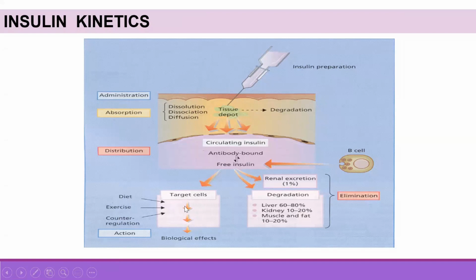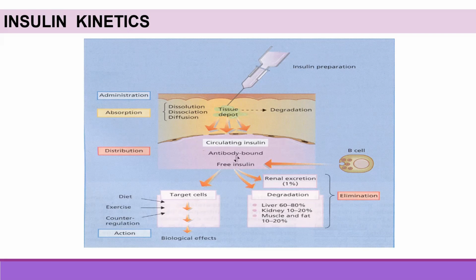So the biological action of the insulin after the injection is a little bit delayed because it has to go through the process of absorption from the subcutaneous tissue into the circulation, and then it acts on the target cell. When we inject regular insulin or normal insulin, it takes roughly around 20 to 40 minutes to act. And that is why the regular insulin is injected 20 to 30 minutes before the meal.